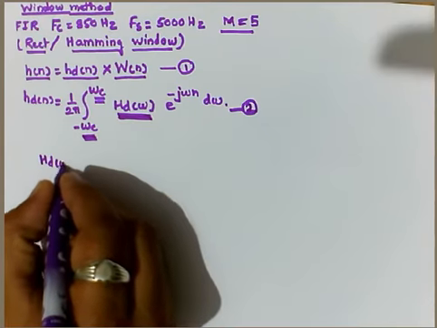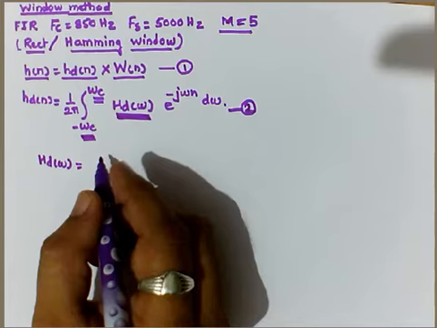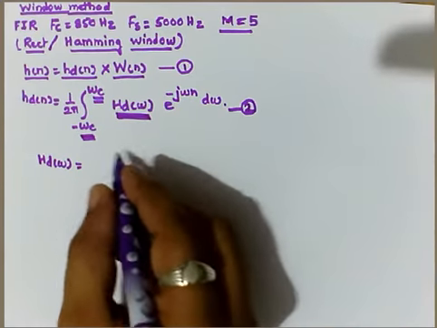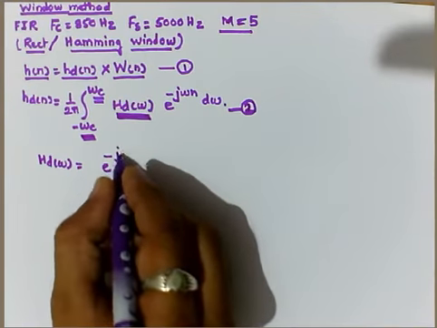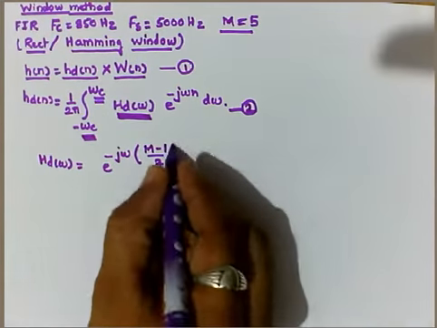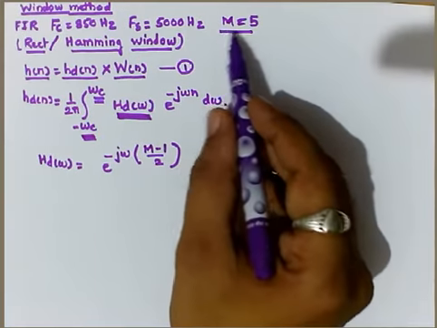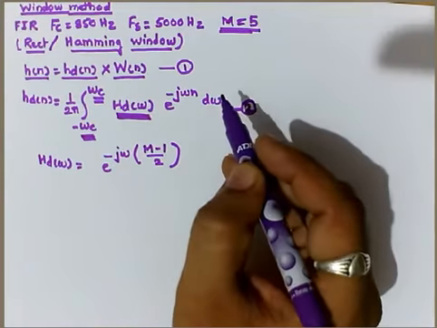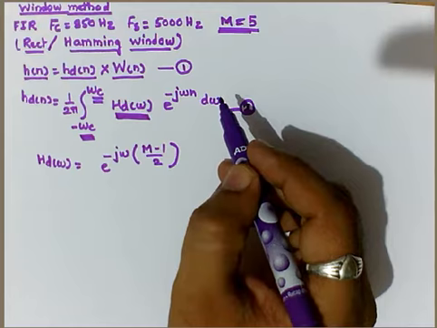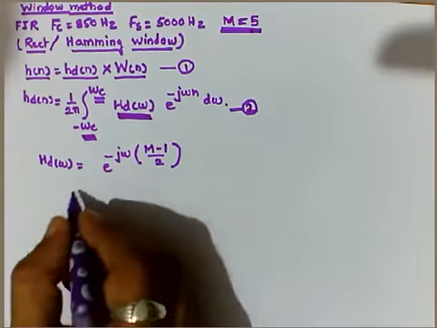The desired frequency response is given by the generalized expression e raised to minus j omega (M minus 1) by 2. What is the value of M? M is 5, the length of the filter, that is the length of the impulse response.